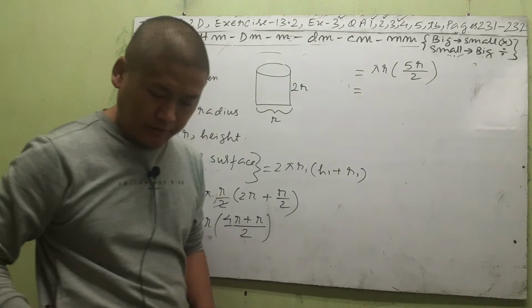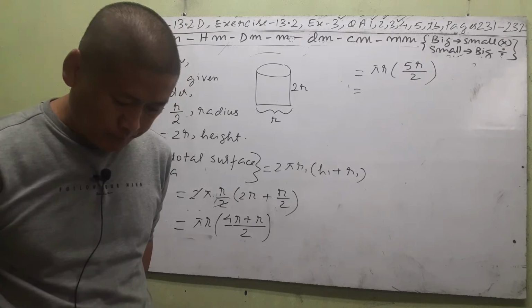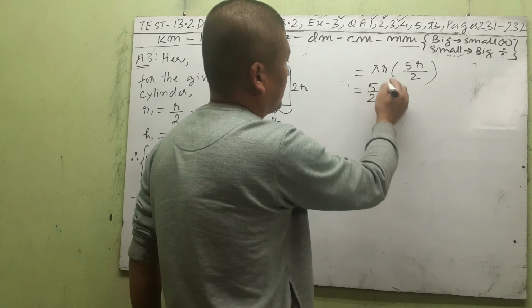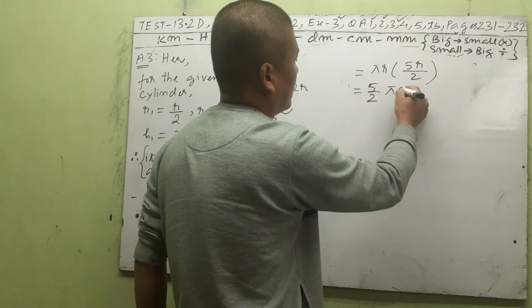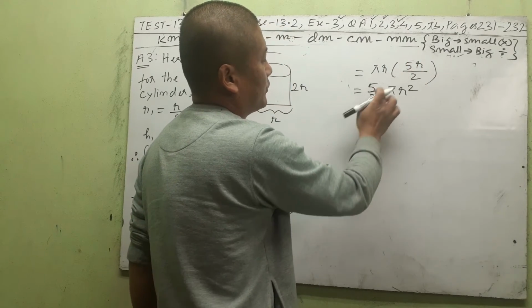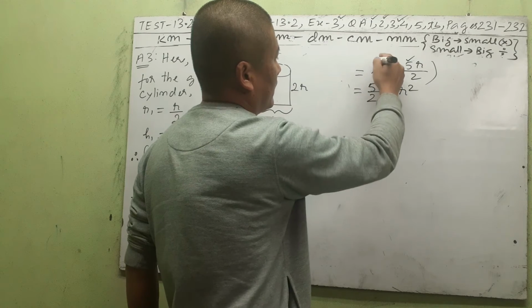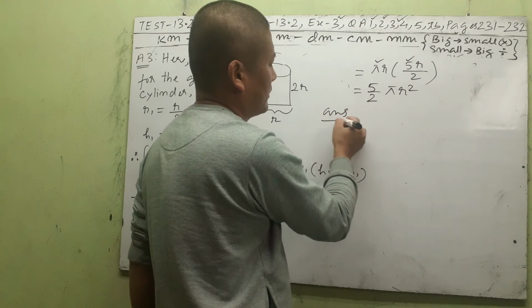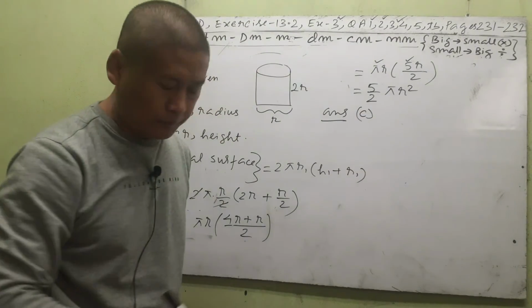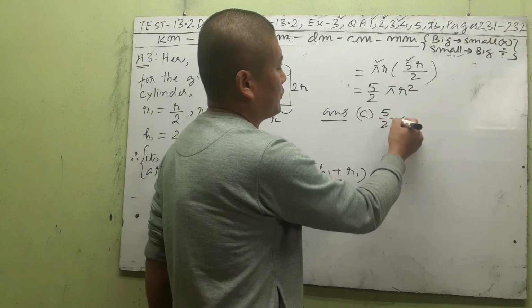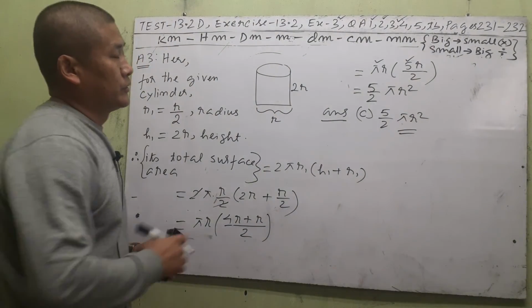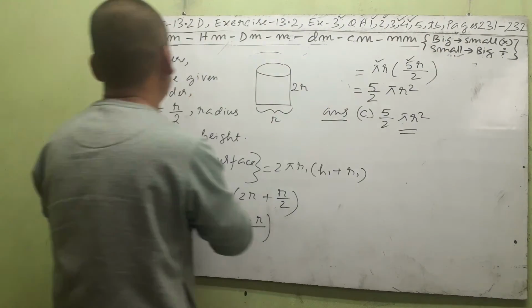So answer choice C seems to match, 5 by 2 pi r square. So let us write this 5 by 2 first, pi, then r into r. So we're getting 5 by 2 here, pi here, r into r. So this is exactly matching C, which is 5 by 2 pi r square. 3 also done, so let us go to the fourth one, A4.